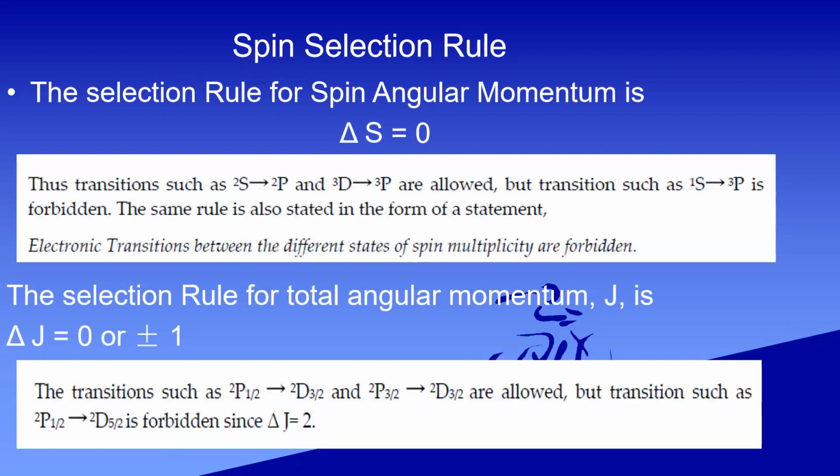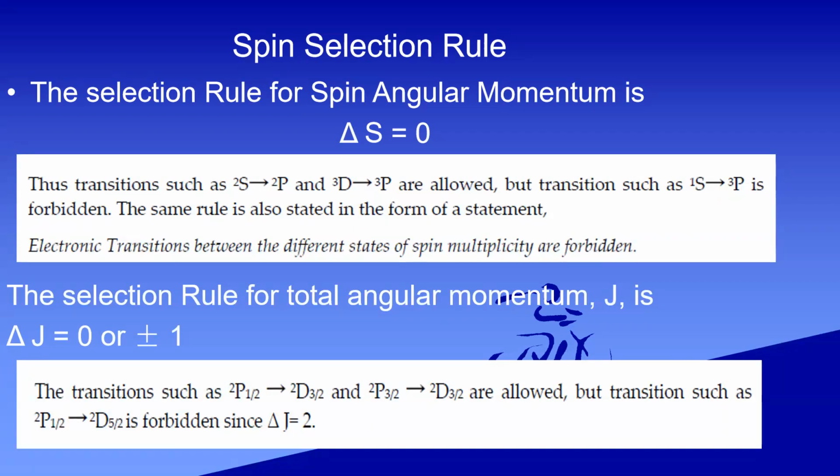The spin selection rule for spin angular momentum is del S equal to 0. That is, spin multiplicity should not change during the transition. Thus, transitions such as doublet S to doublet P and triplet D to triplet P are allowed, but transitions such as singlet S to triplet P are forbidden.